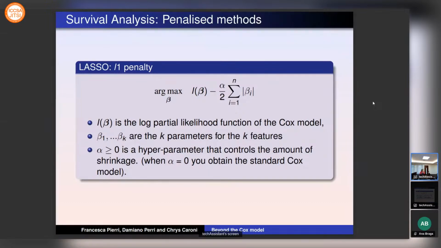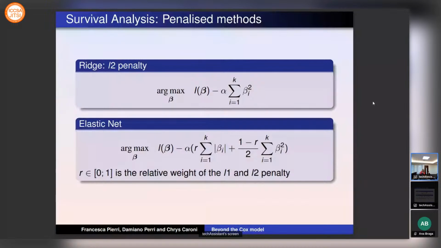When alpha is equal to 0, you have the classical Cox model. These are the L2 penalty, or ridge penalty, and the elastic net penalty, which is a mix of the lasso and the ridge penalty.